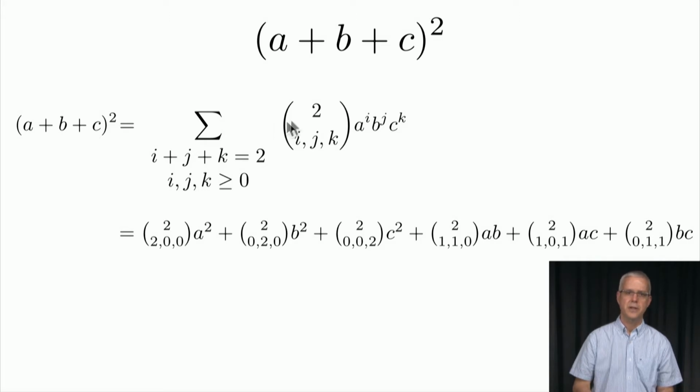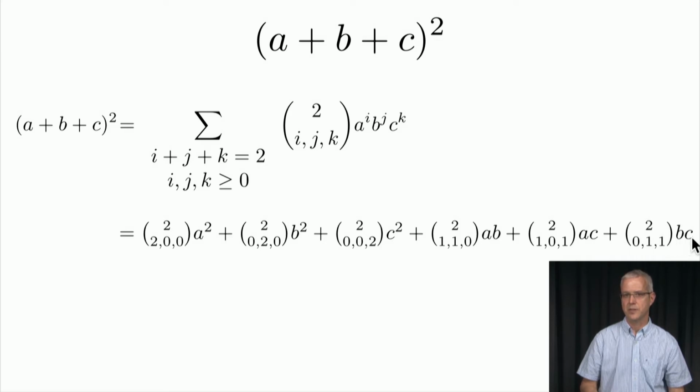So this is going to be 2 choose 2, 0, 0 times a squared plus 2 choose 0, 2, 0 times b squared plus 2 choose 0, 0, 2 times c squared plus, and then ab. So we have to choose the location of the a and the location of the b. In other words, we have the term a plus b plus c multiplied 2 times, and we choose which term we choose the a from, which term we choose the b from. So that's 1, 1, and then 0 for the c's, and then plus 2 choose 1, 0, 1 for choosing the a and the c, and plus 2 choose 0, 1, 1 choosing the terms from which we take the b and the c.